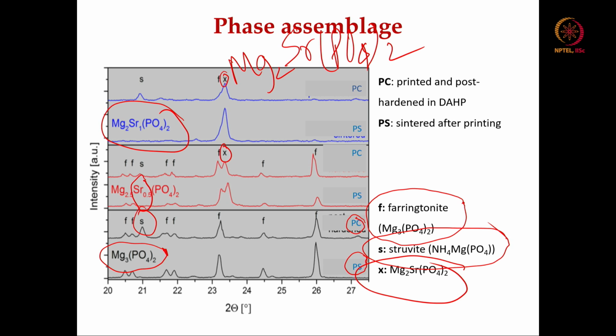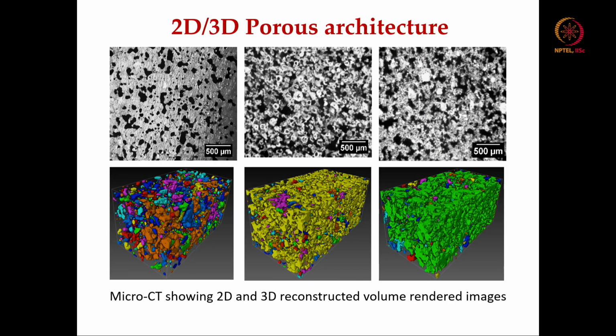Essentially, depending on the strontium, you get a range of phases which include struvite, farringtonite, and also Mg2Sr(PO4)2.